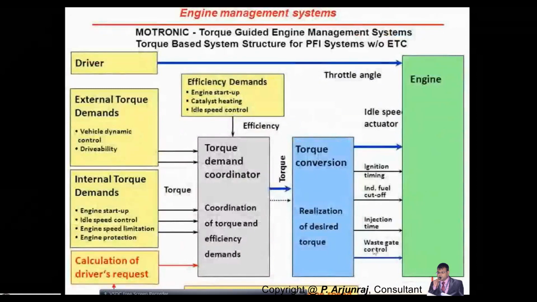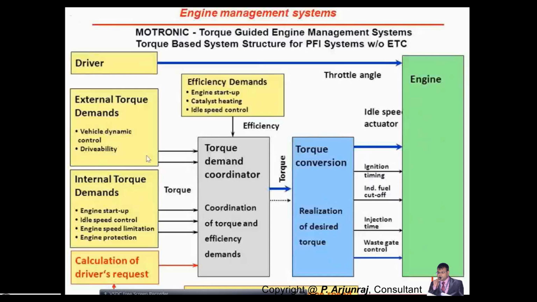This is the block diagram of a Motronic engine management system. Basically, the torque controlled structure is taken from a Bosch handbook. Power is 2 pi N T by 60,000, so torque and power are directly proportional.